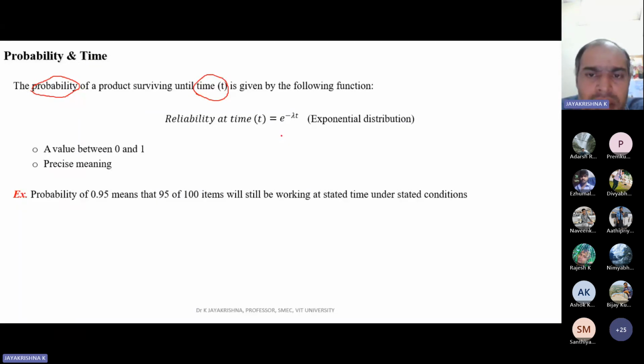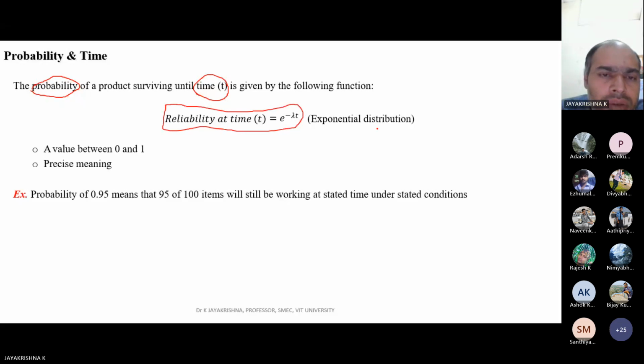If you're not very good at math, don't worry. For now, we'll forget about the exponential distribution. Reliability at time t is e power minus lambda t. Just make a note of this important formula, which you'll be using throughout this course when we deal with reliability.